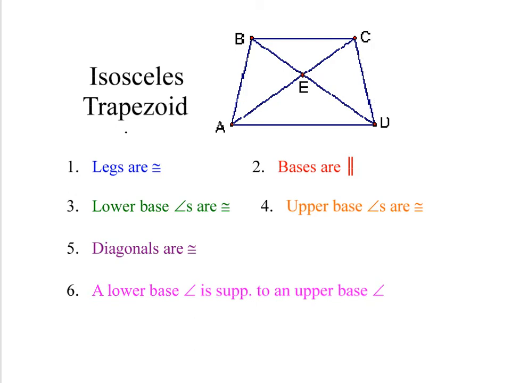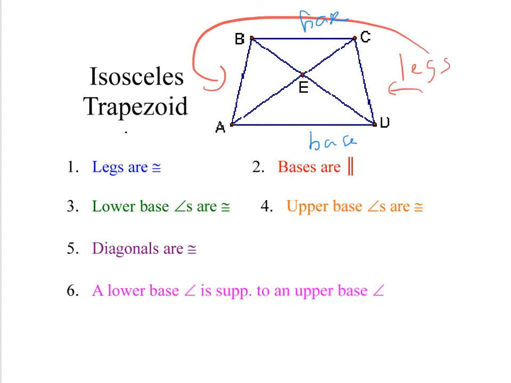So these are the legs, and these are my bases, top base and bottom base. In an isosceles trapezoid, my legs are congruent.